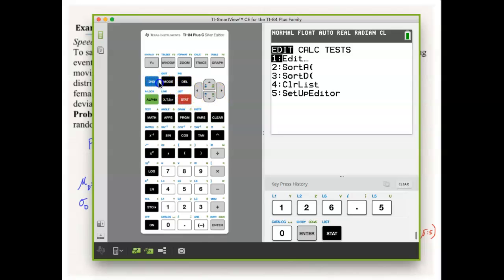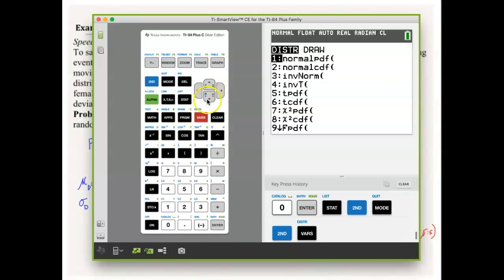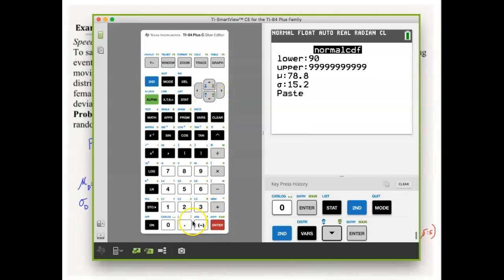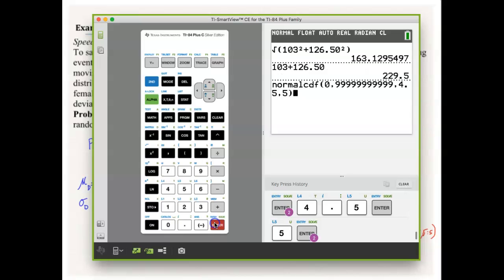Oh, sorry, that's not the right place to go. Distribution, so second variables, normal CDF. Lower bound is 0, the upper is infinity, so I'll just leave a bunch of 9s there. Mean is 4.5, standard deviation is 5. And we get about 81.6% probability, so I'm going to just round it to 0.816.